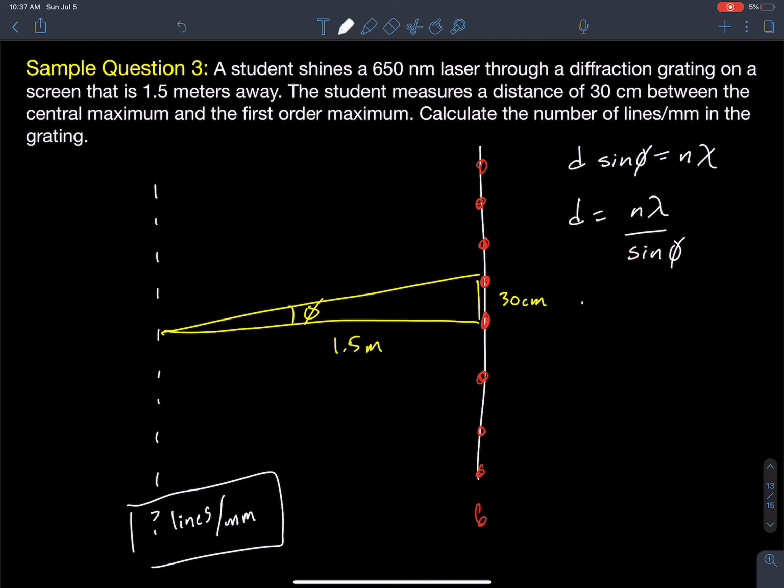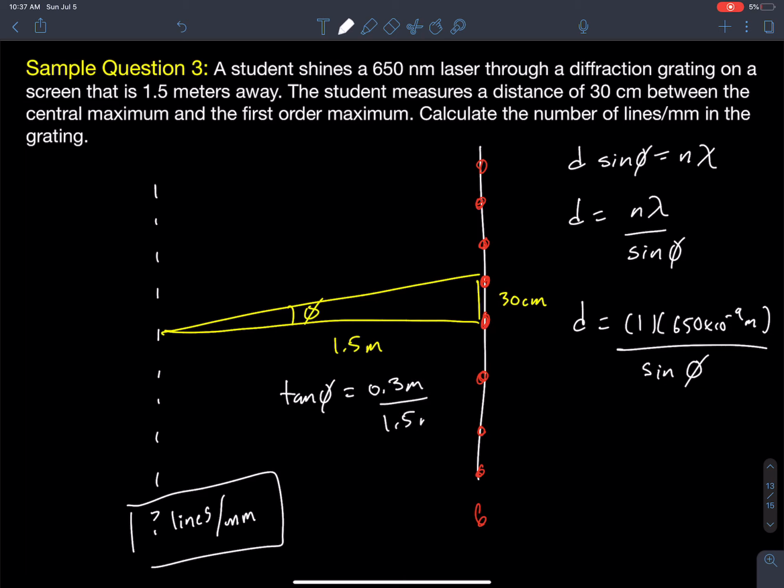So d is going to be equal to 1, because it's the first order maxima, times 650 times 10 to the minus 9 meters, that's 650 nanometers, divided by sine theta. In order to calculate theta, we go back here and say tan theta is equal to 0.3 meters divided by 1.5 meters.